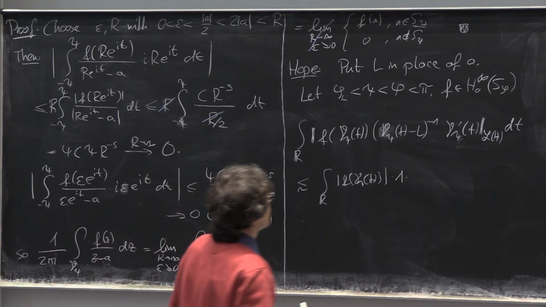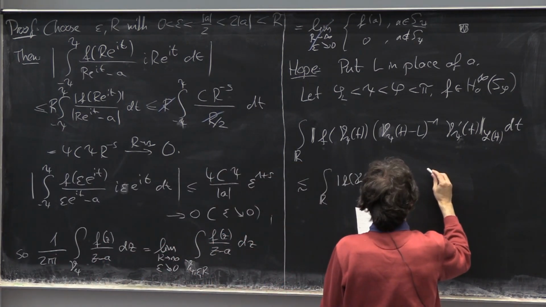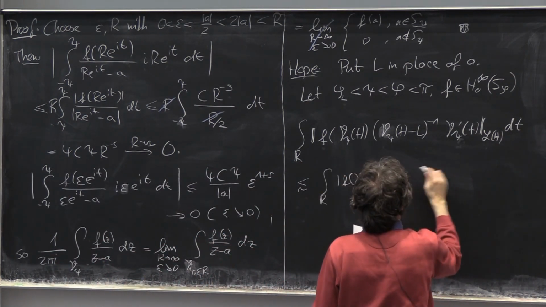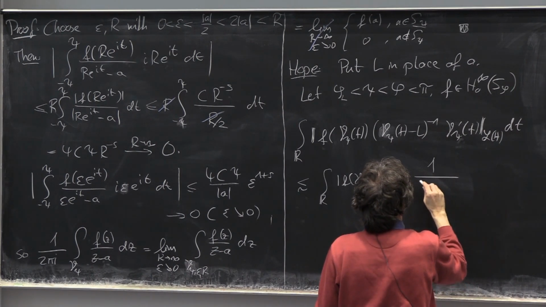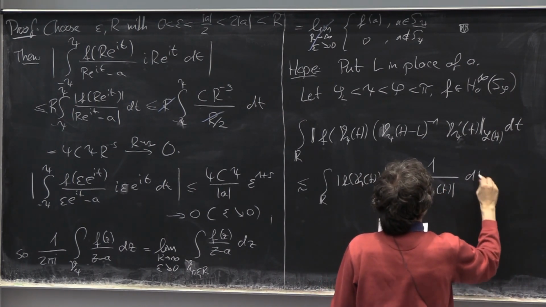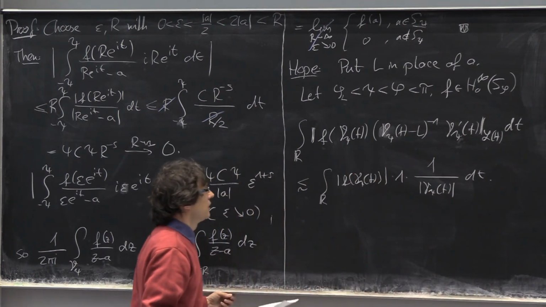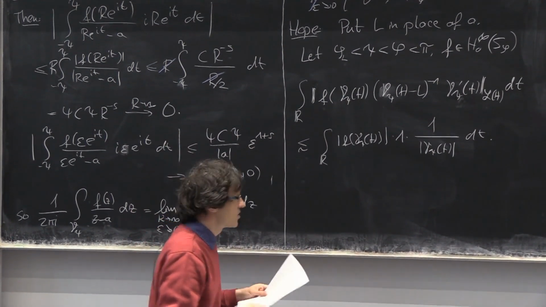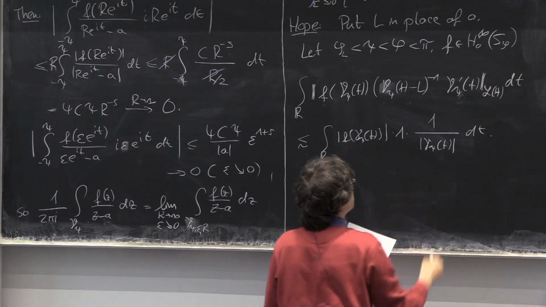So the operator norm of the resolvent can be estimated by a constant times 1 over the modulus of gamma psi of t, dt. This is the resolvent estimate for sectorial operators.